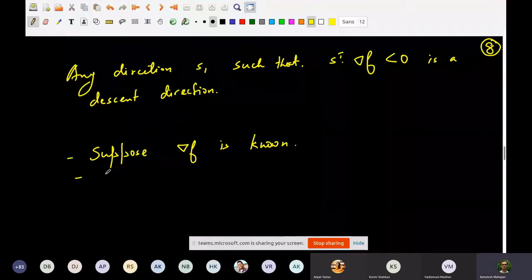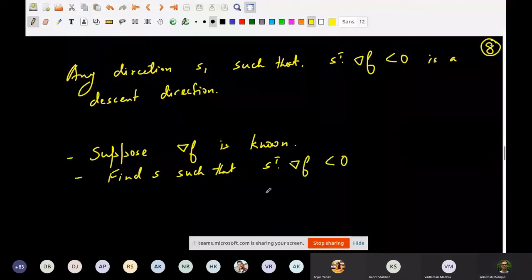What is a sure shot direction, so find S such that S transpose grad f is less than 0? What could be that S?